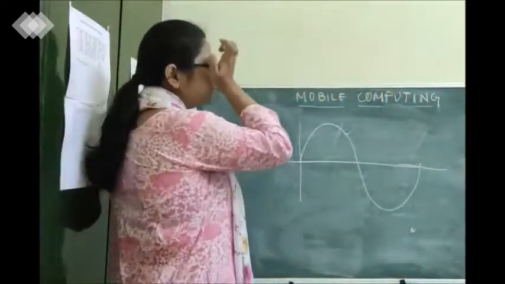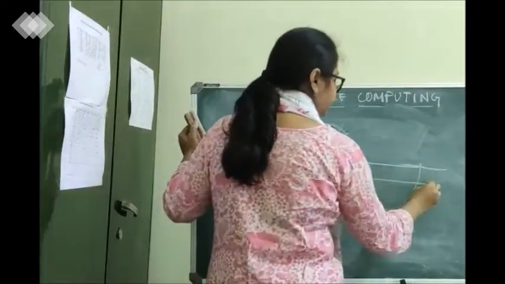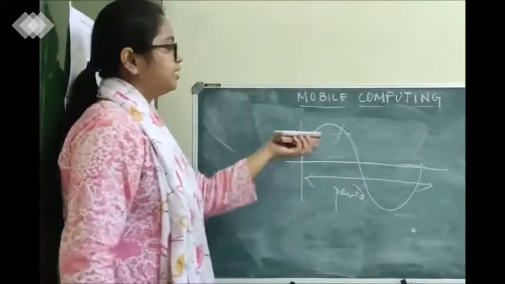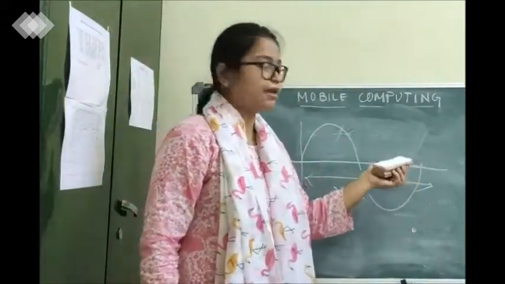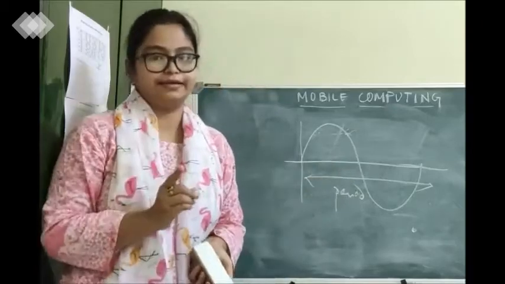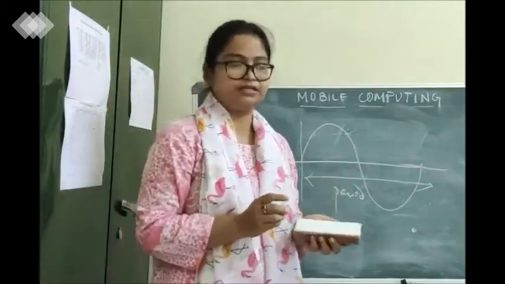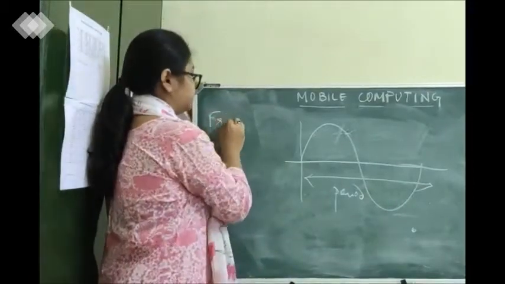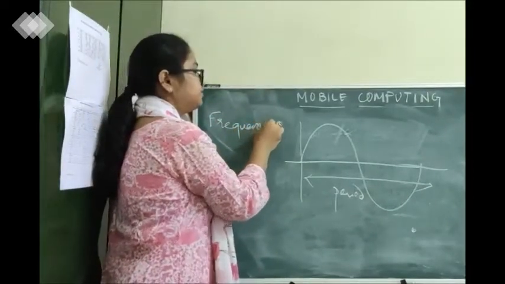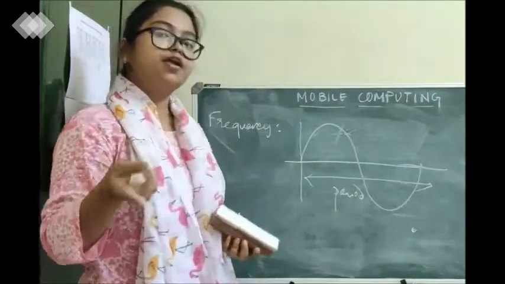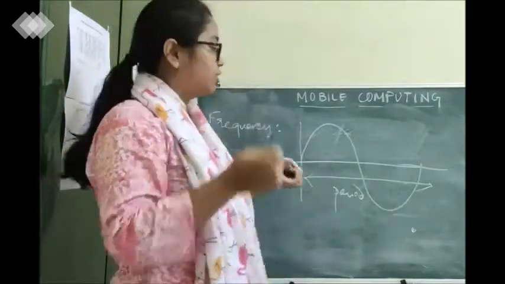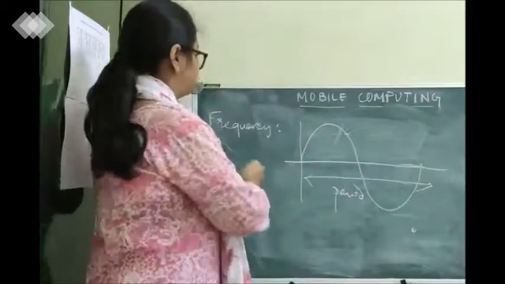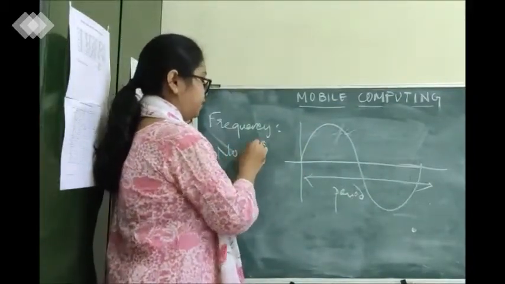Okay, so as I said, this is period. What is period? Period is the time taken by a sine wave to complete one cycle. Now, relating to period, I can define frequency. What is frequency? The number of cycles the wave makes per unit time.